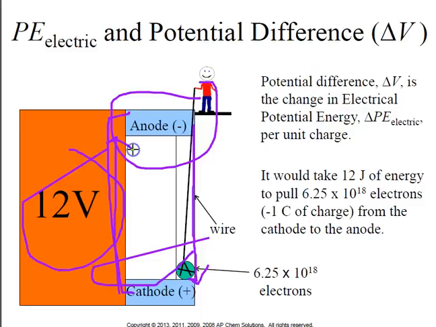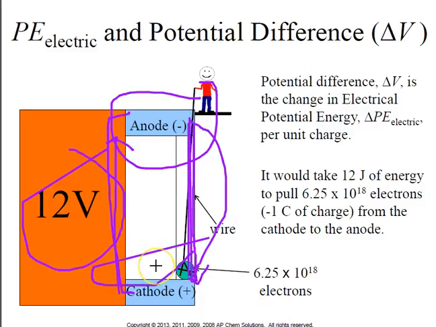And it's also how many volts we would have to put in if we wanted to move those electrons back up. So if you think about using a battery, in a battery it has an anode and a cathode inside the battery. And when you connect the anode and the cathode of that battery by putting it in a device, the electrons are flowing from the anode to the cathode. And that's the electricity that you're using in your device.